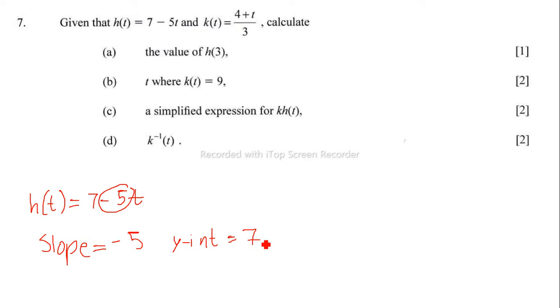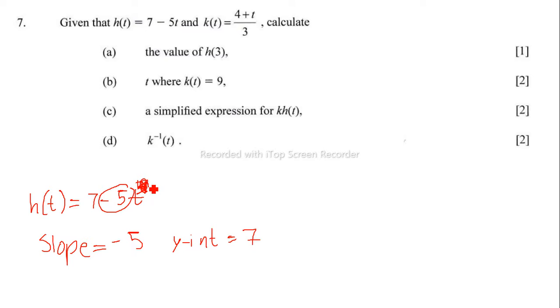Yes, it's a linear function. And we should know it because the highest power of t is not squared, neither is it cubed, neither is it to the fourth. It's simply 1. So it's a linear equation.